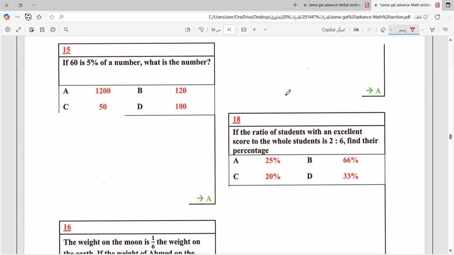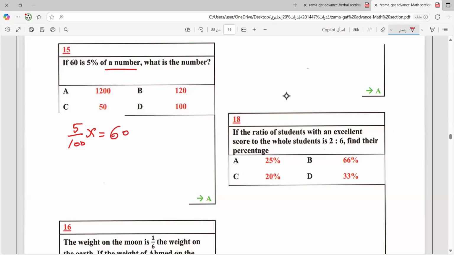So to find 60, we multiplied the original number by 0.05. Here it gives 5%, 5 over 100 of a number, so we put x, equals 60.